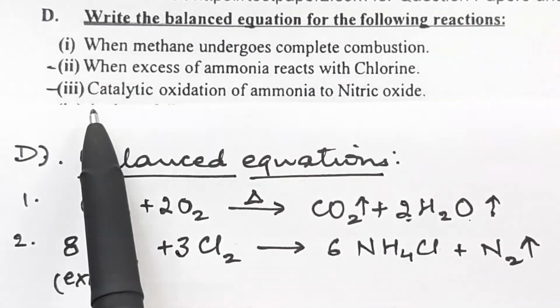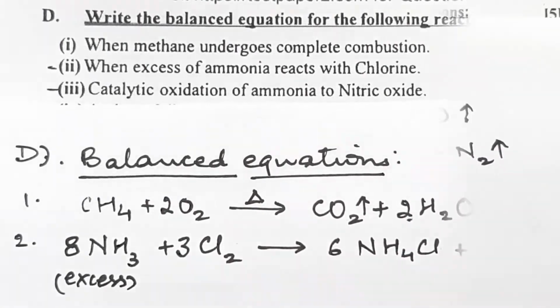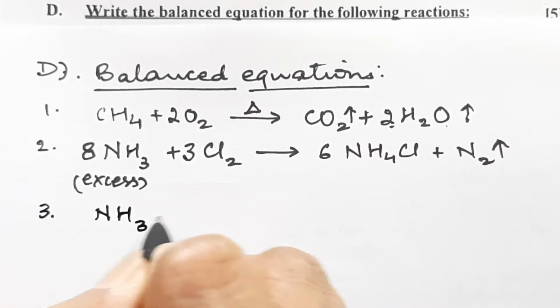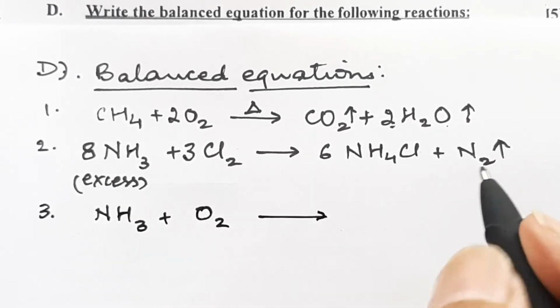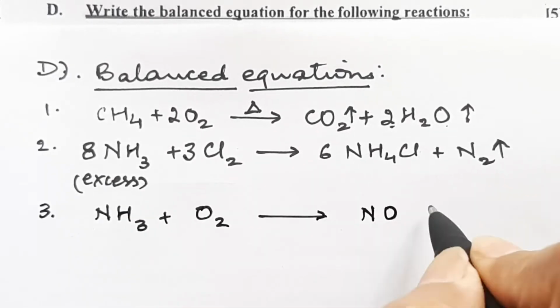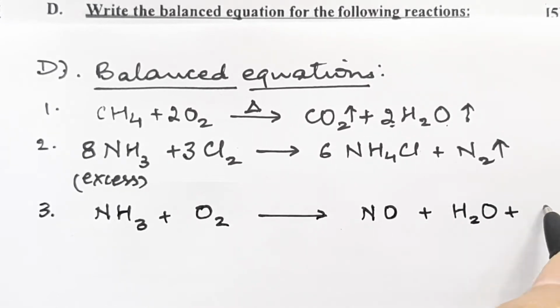Third one, catalytic oxidation of ammonia to nitric oxide. So we have NH3 plus O2. Catalytic oxidation will give us NO plus H2O plus heat.